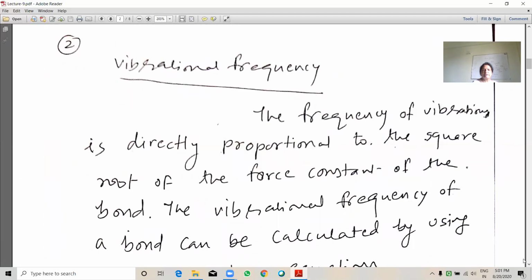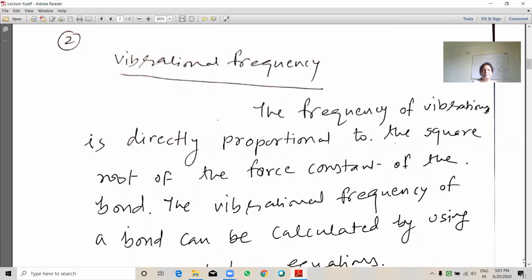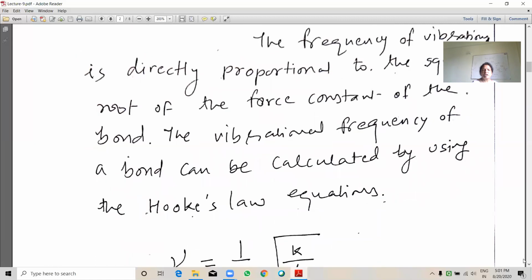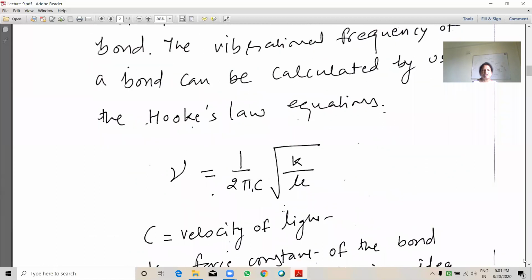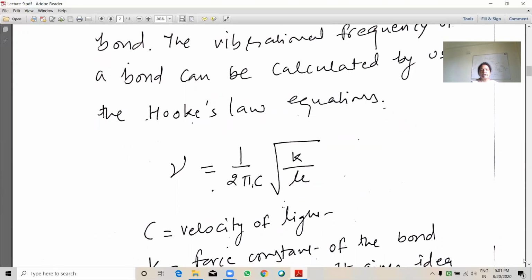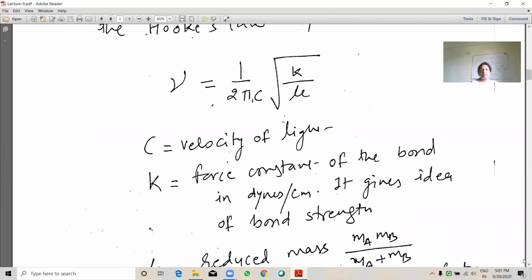Vibrational frequency. The frequency of vibrations is directly proportional to the square root of the force constant of the bond. The vibrational frequency of a bond can be calculated by using the Hooke's law equation. The frequency is equal to 1 upon 2 pi c times the square root of k upon mu, where c is the velocity of light and k is the force constant of the bond in dynes per centimeter.